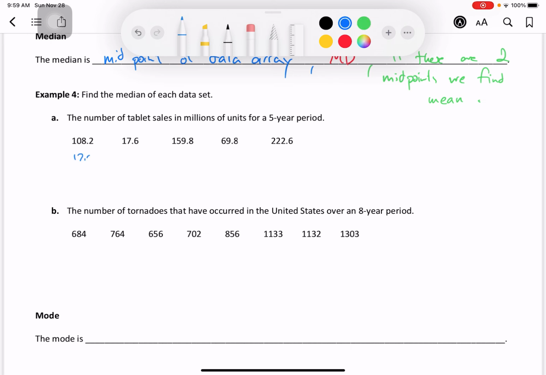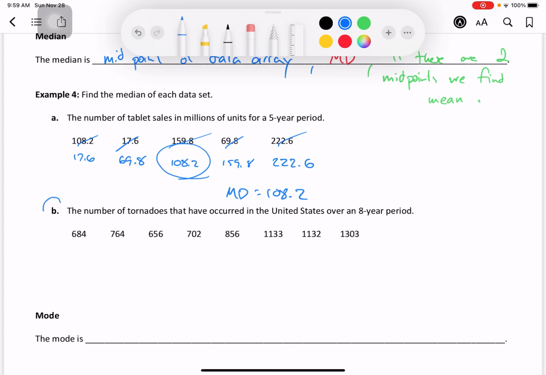That's 17.6, 108.2, 159.8, and 222.6. Okay, so clearly this is my midpoint, and then that's the median.